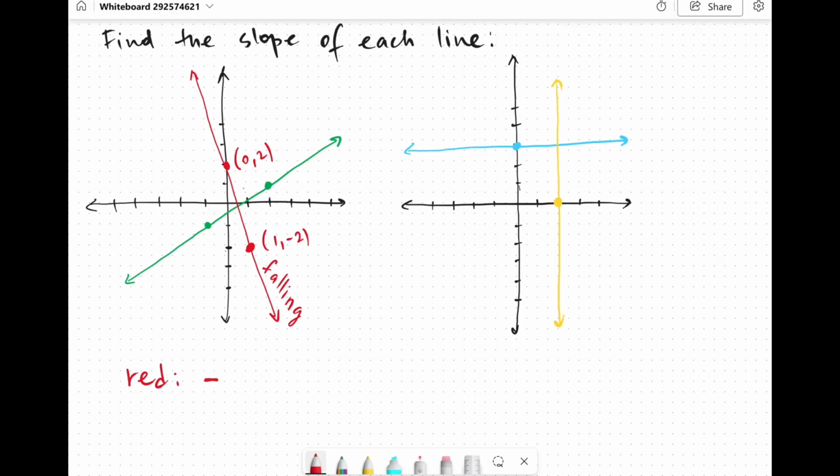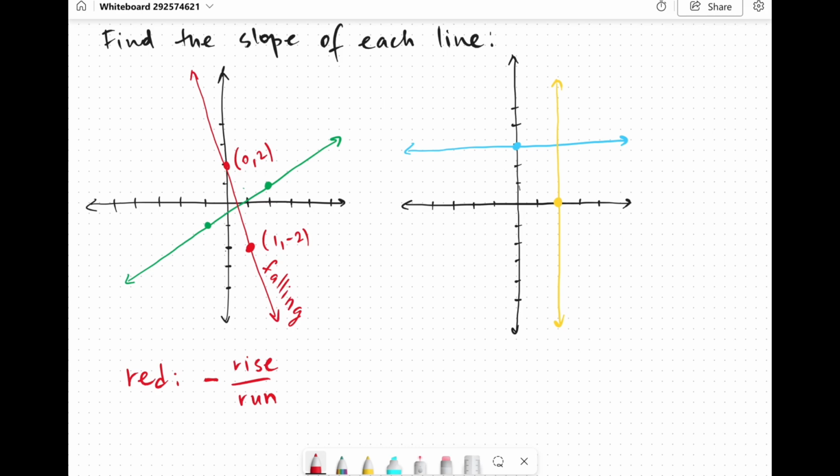However, in my opinion, it's easier to simply count the units. Remember, the slope is rise over run. That means how many units it takes to travel from one point to the next vertically versus how many units it takes to travel horizontally.